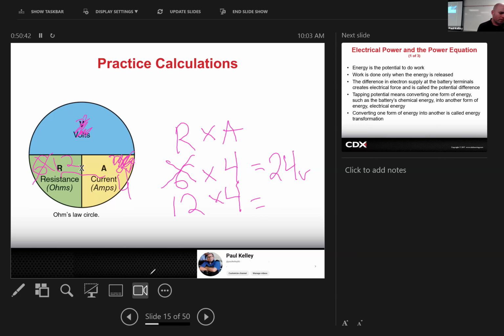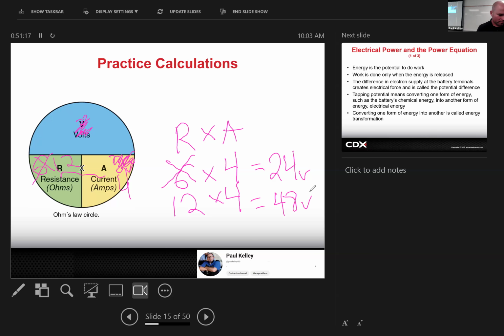So let me visually explain. So we had a resistance of 6, and we doubled the resistance, but the amps stayed the same. Think about what the voltage would be. If we doubled the amount of ohms, but it's still flowing the same amount, we must have doubled the volts as well. Make sense? So 12 times 4 is how much? 48.